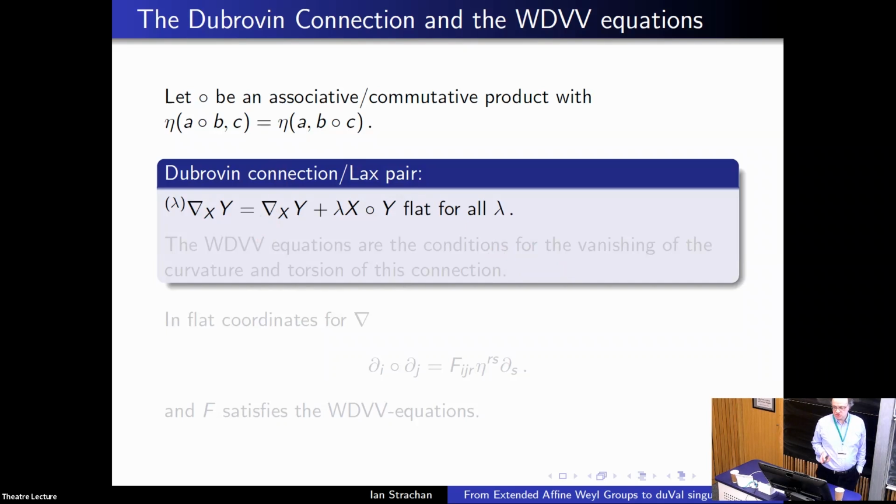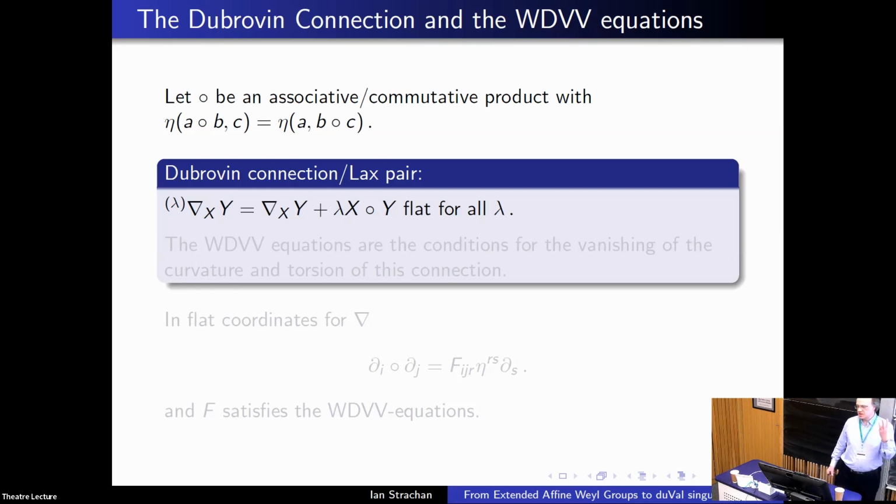If you work out the torsion of this deformed connection, the lambda to the naught term vanishes because I've got the Levi-Civita connection, which is torsion free, and the lambda component of the torsion will vanish because of the commutativity assumed as part of the multiplication. The curvature is far more interesting.